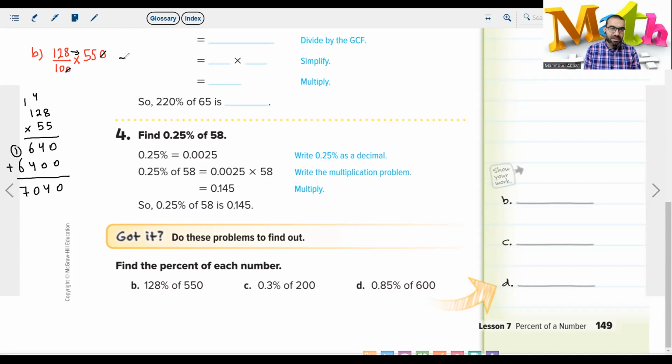So in this multiplication, of course, we know that 550 is like 550 over 1. When you multiply the numerators, it gives you 7,040. And when you multiply denominators, it's 10 times 1, which is 10. Now, if you divide by 10 up and down, the answer is 704 over 1. So it is 704.